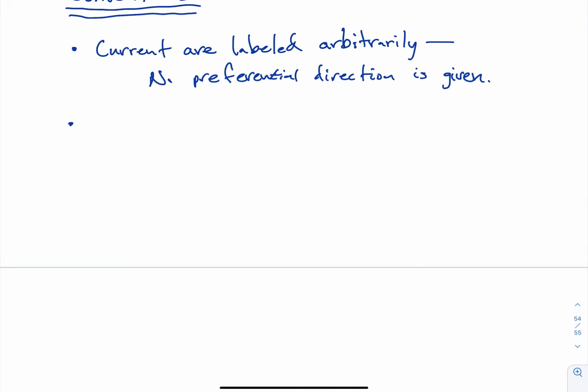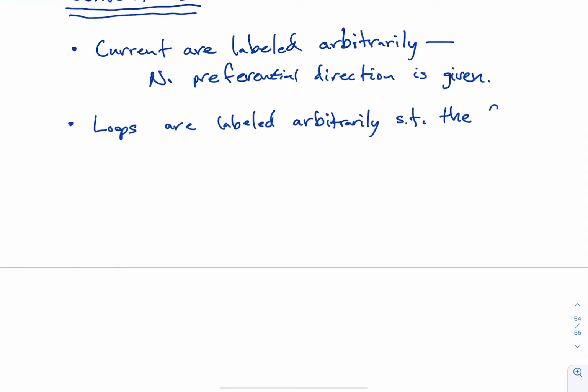Next, we're going to label all of our loops arbitrarily as well, such that the following conditions apply.